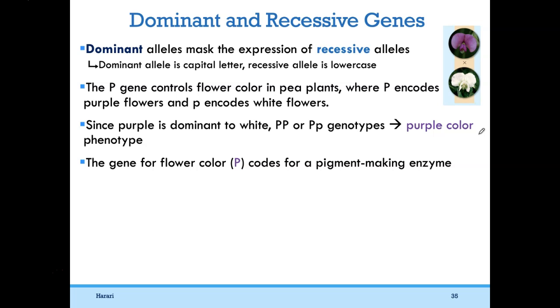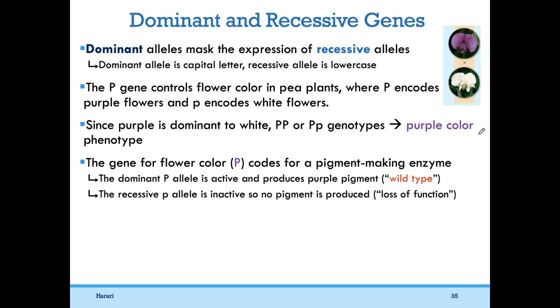So when you have a functional copy of gene P, you can make purple pigment. The dominant P allele is active and produces purple pigment. Since purple is the most common in the wild, most flowers are purple, this is called the wild type. Purple is called the wild type.